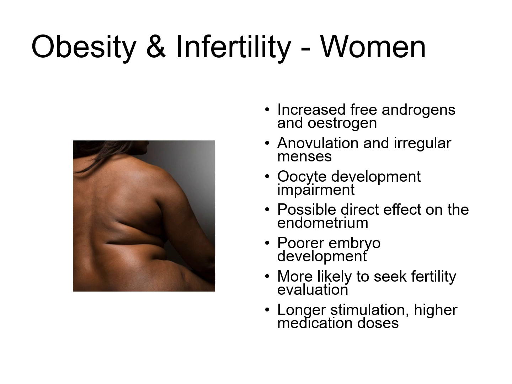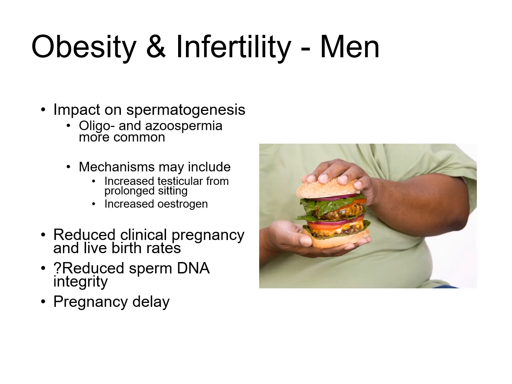There might be an effect on the endometrium, not allowing the embryos to implant. The embryos might develop more poorly as well. So we know that women with higher BMIs above 30 are more likely to need fertility treatment, and because of the BMI they may also need higher levels of medication in order to make their body respond to treatment such as ovulation induction and IVF.